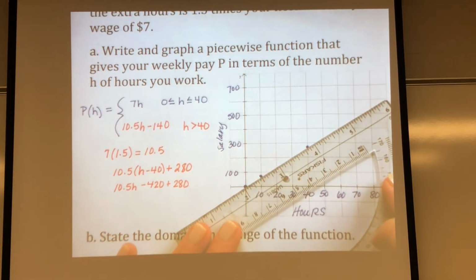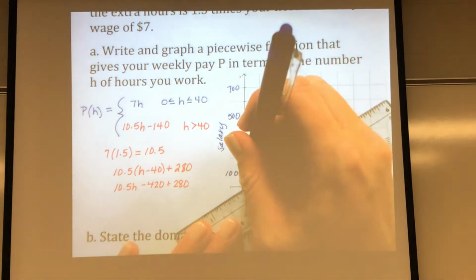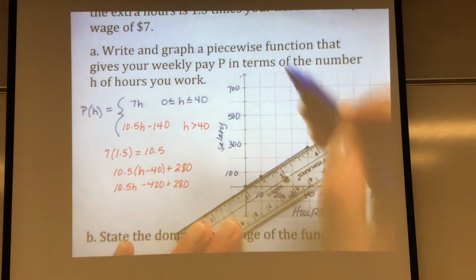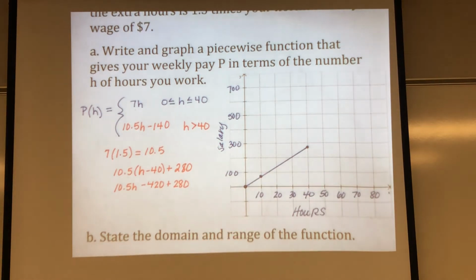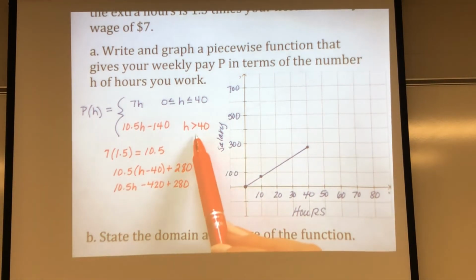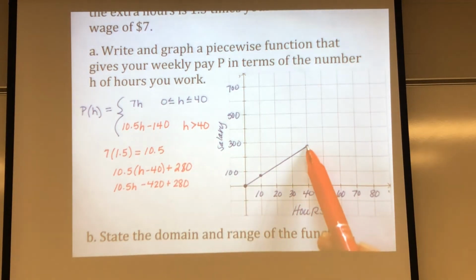So here's our first piece from 0 to 40. Remember, with closed circles on either end. And then we're starting at 40, which would be an open circle. But we talked about how closed circles supersede open. So you do not put an open circle there. So it's going to start at 280.